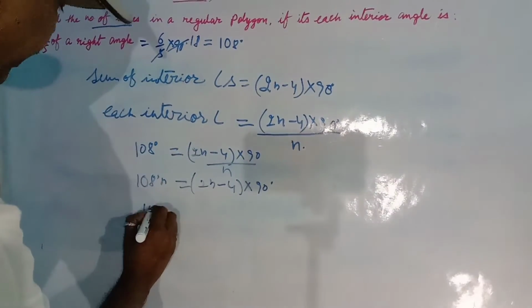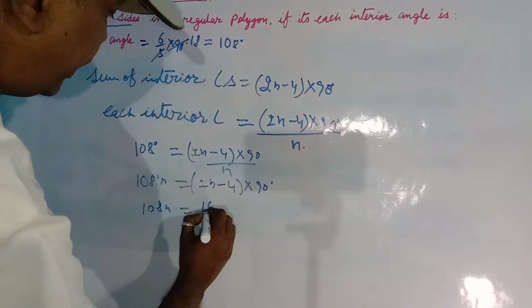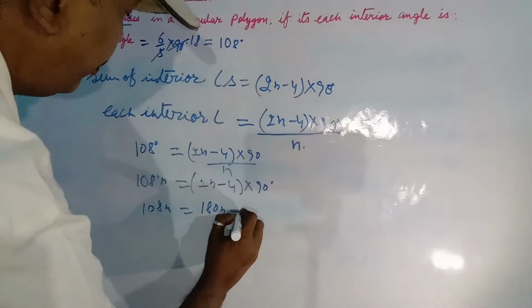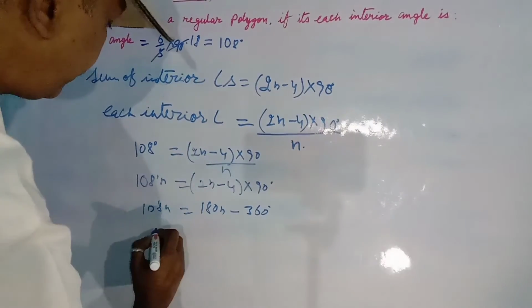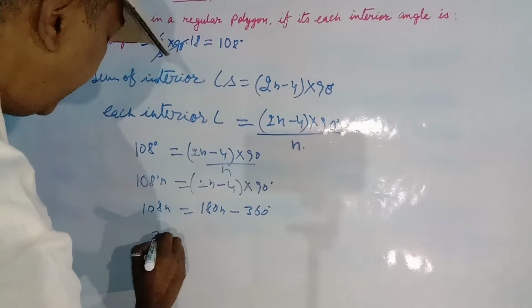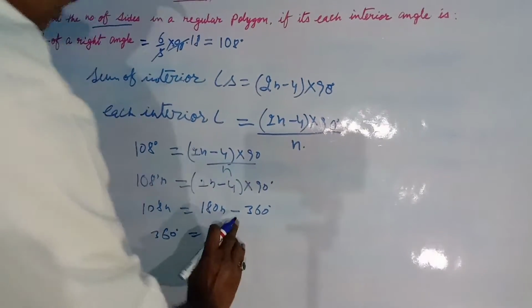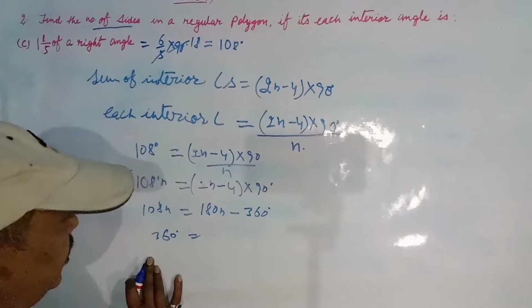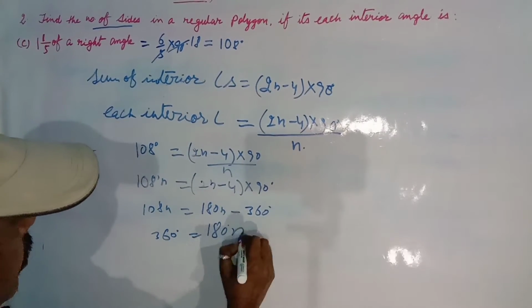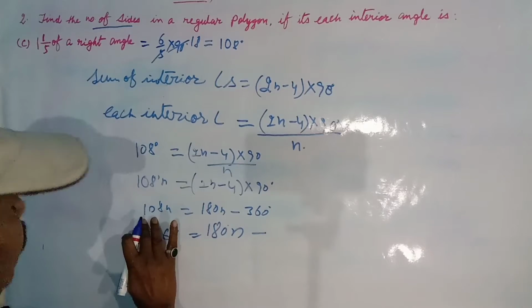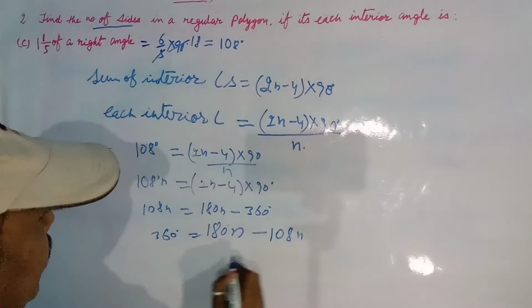Then 108n equals 2 times 90, which is 180n, minus 4 times 90, which is 360 degrees. Now the 360 will be transposed, and here the minus becomes plus 360. Then 180n here is plus 108n, so it will be minus 108n.